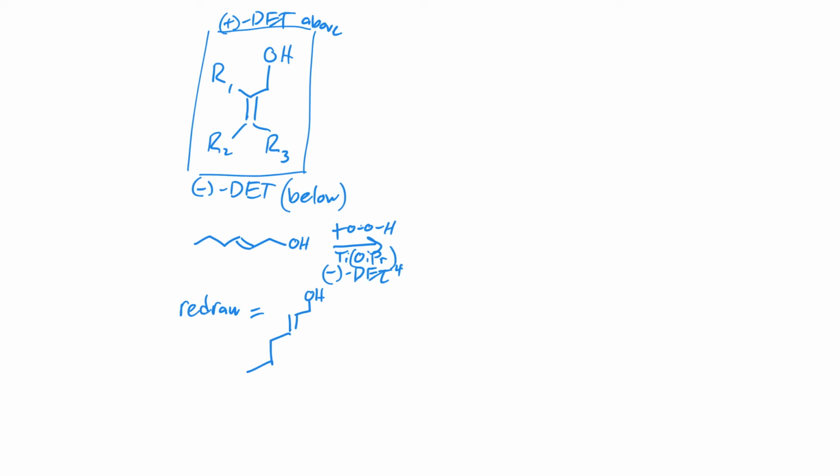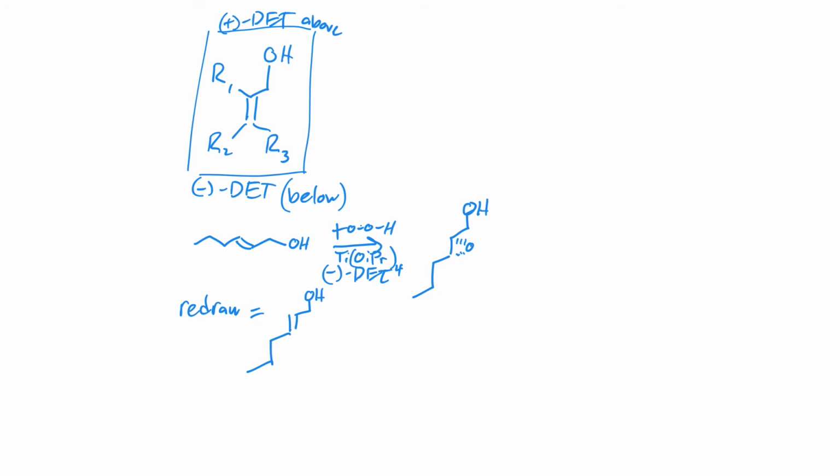So now my allylic alcohol is oriented according to the model. I am using minus DET in this case, so I know that I'm going to add my epoxide below the plane of the page or the screen, and so that would look like that.